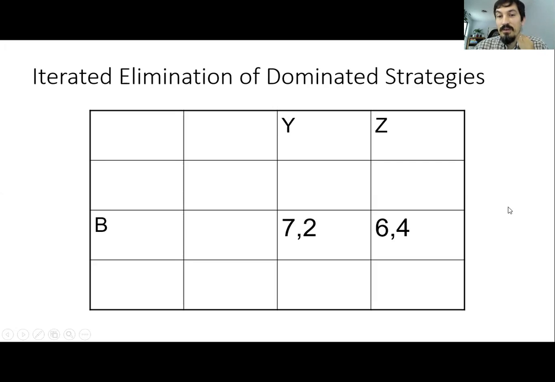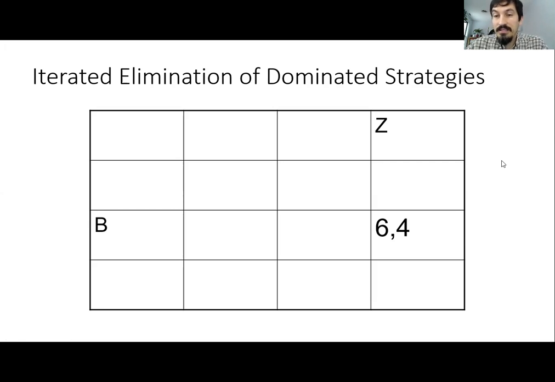And now, if the row player has done all of these steps, just like Vicini thinking about all the steps of the poison, if they get this far, then the row player would say, actually, I want this 4 instead of this 2. And this is the outcome. This is what game theory predicts. Game theory predicts that in this game, the row player will play B and the column player will play Z.